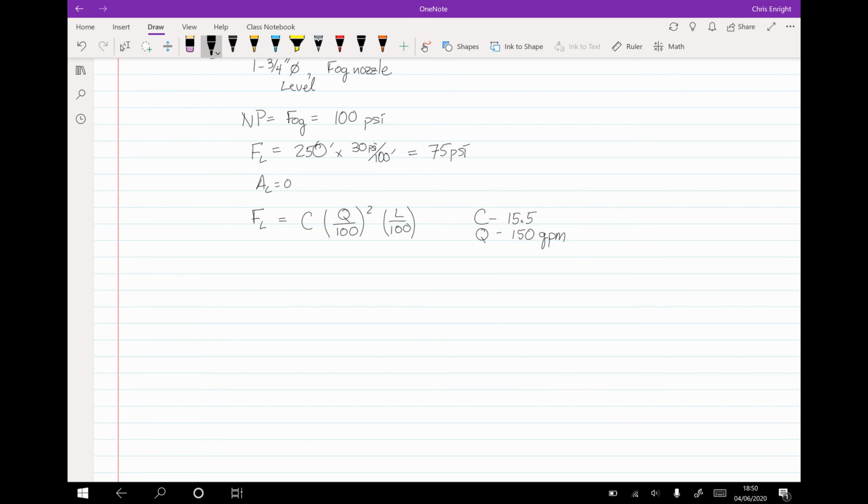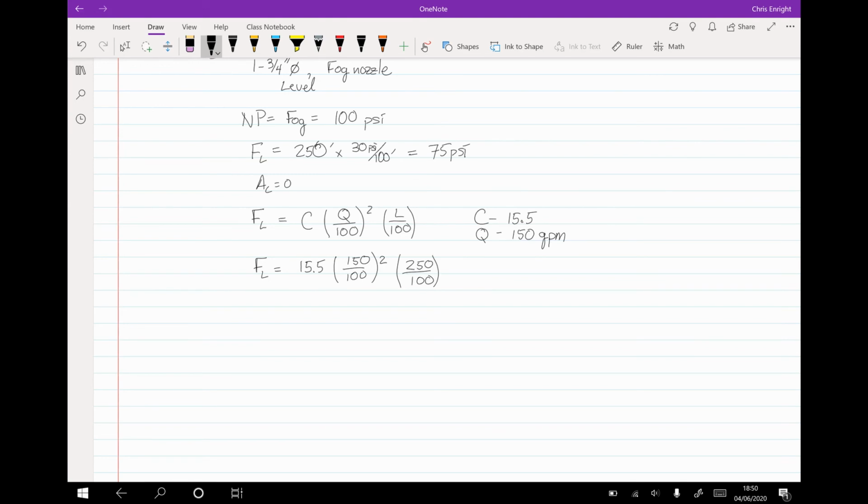So FL equals 15.5 times 150 over 100 squared times the length, 250 feet over 100.